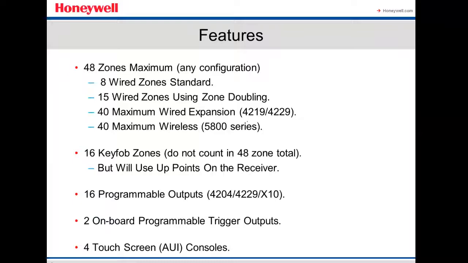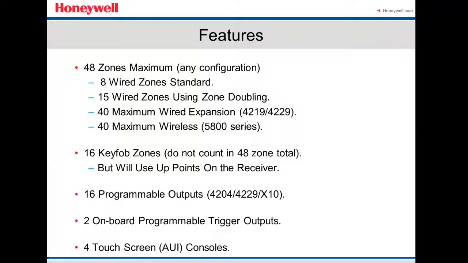The Vista 20P has a maximum of 48 zones in any configuration, meaning combining wired and wireless zones. From these 48 zones, 8 are standard wired zones in the panel. We can double the zones to make it around 15 wired zones using zone doubling.